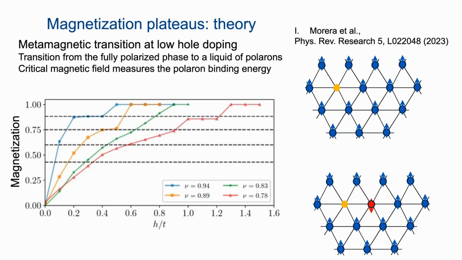So at some point, there will be a transition when each hole actually grabs, creates a magnon next to itself, and therefore magnetization as a function of magnetic field is not a smooth function, but it has this plateau, which basically corresponds to holes binding magnons.